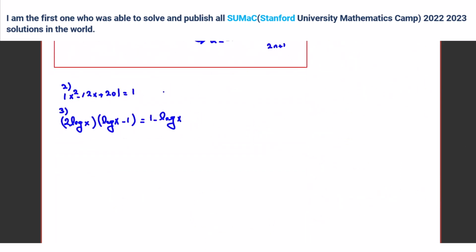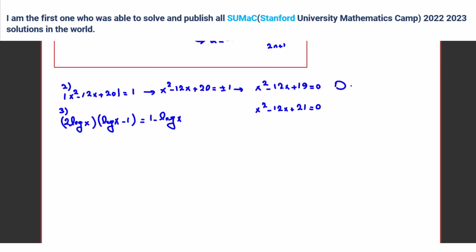For this one, we can say x squared minus 12x plus 20 is what? Plus minus 1. So one equation is x squared minus 12x plus 19 is 0, and the other is x squared minus 12x plus 21 is 0, right? How many answers do we have here? 2 each. Both are positive as well.